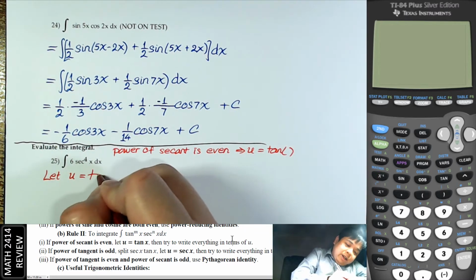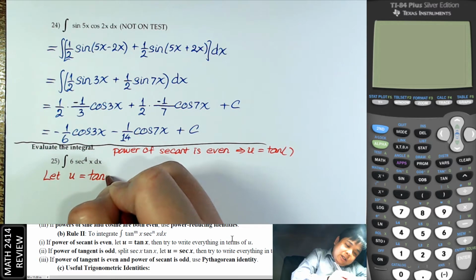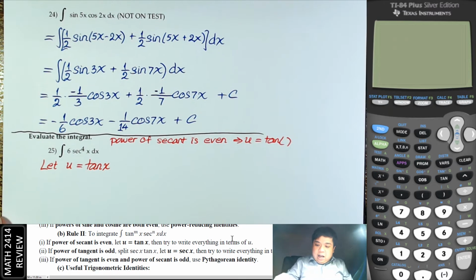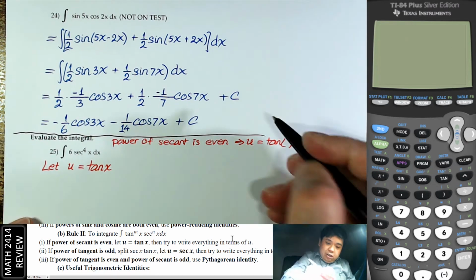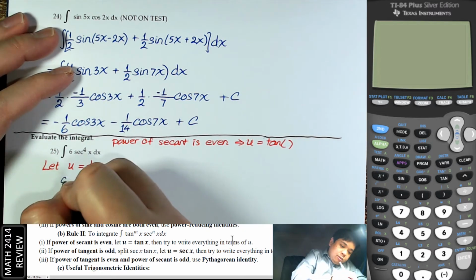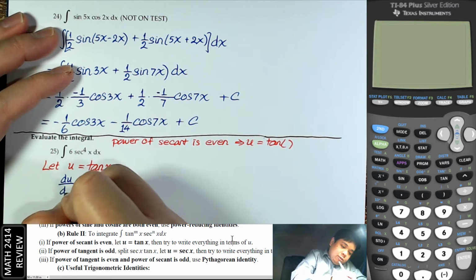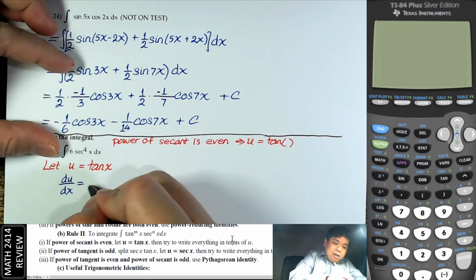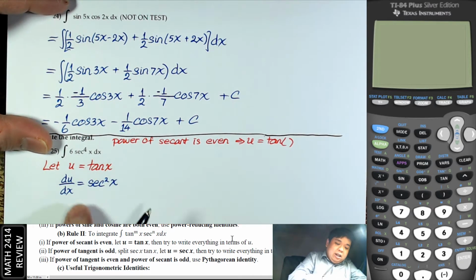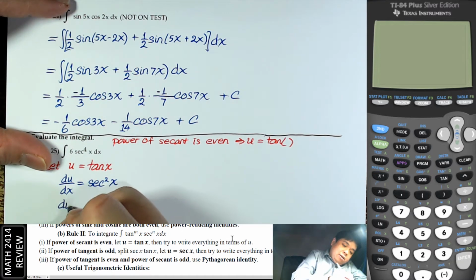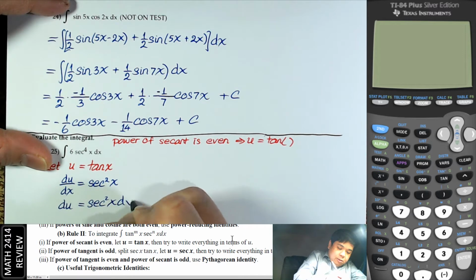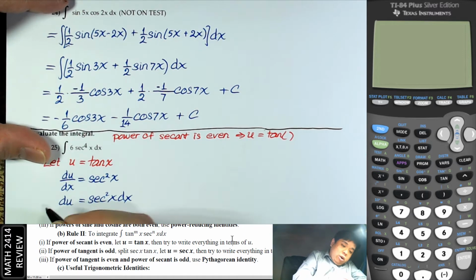And we take the derivative and solve for dx. So that's exactly like what we have been doing. Derivative of tangent is secant square, move the dx, and divide by the secant square.